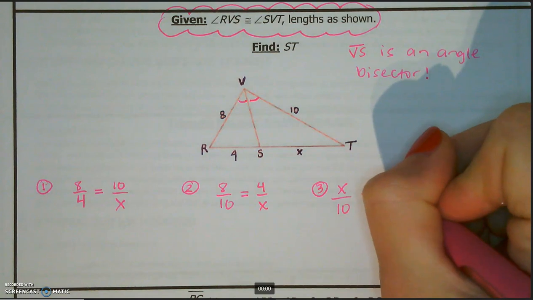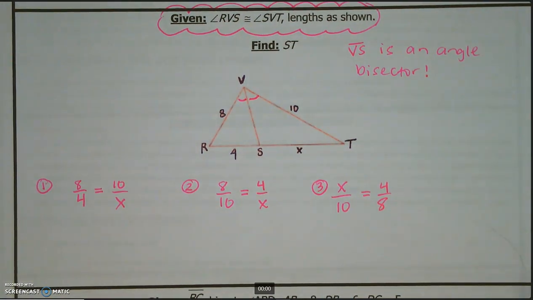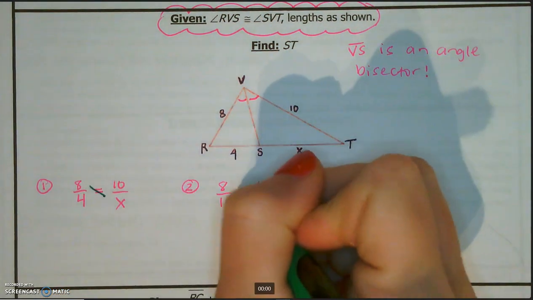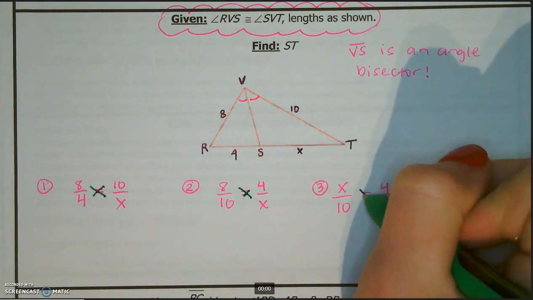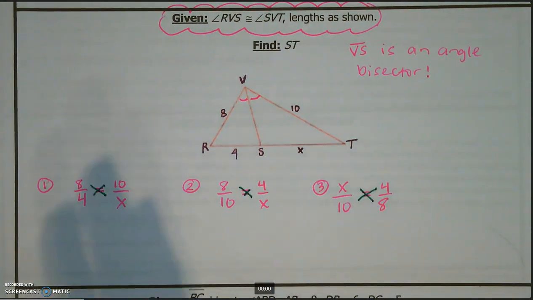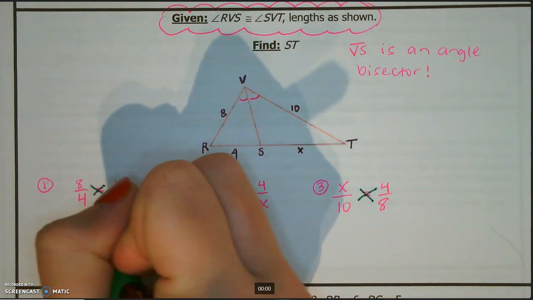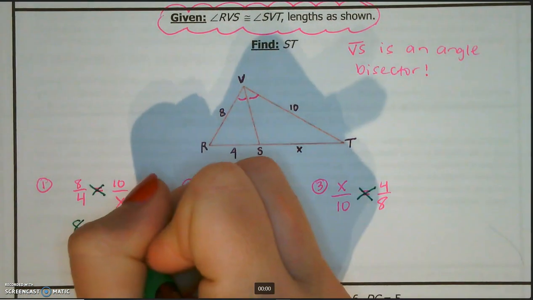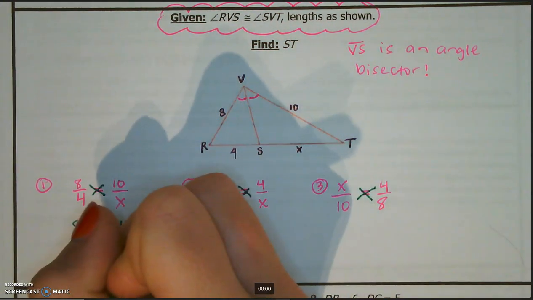That would have to be 4 over 8. Notice that in all of these cases, the x is going to the 8, and the 4 is going to the 10. So all of these we would be solving for the exact same value. That would give us 8x is equal to 40. Therefore, x is equal to 5 in this case.